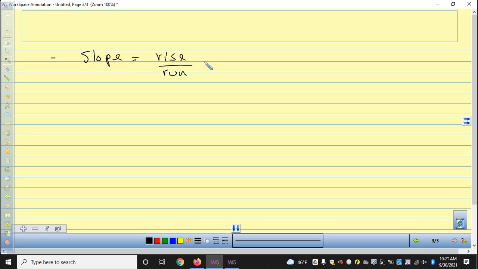Well, the rise is change in y. Y tells us the up and down, over the change in x. The run tells us how far we're going side to side. The x is the side to side. Change in y over the change in x. Slope, rate of change, same thing.